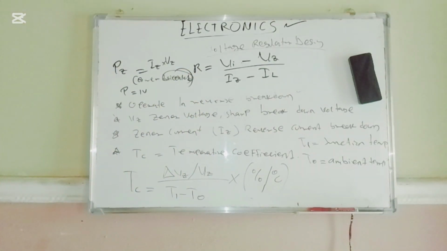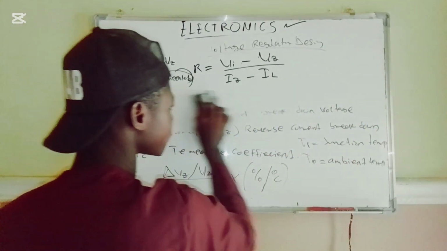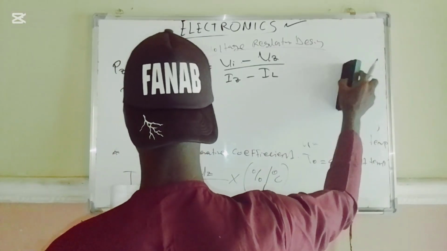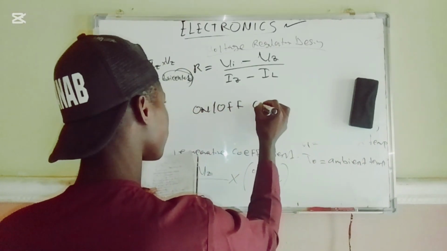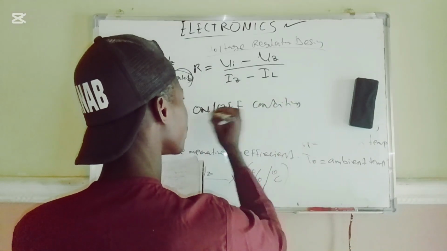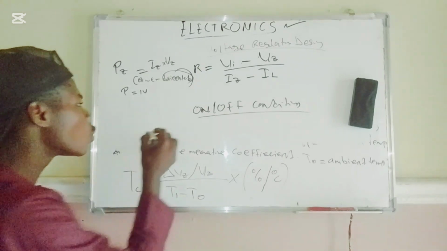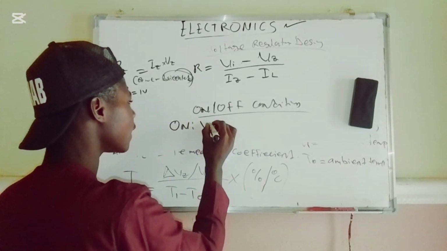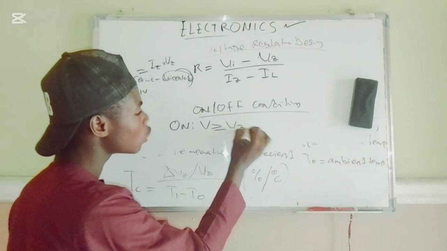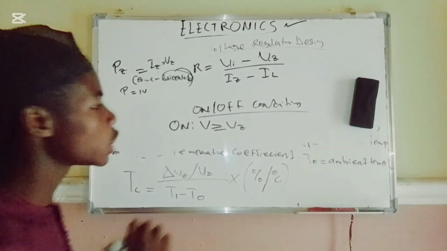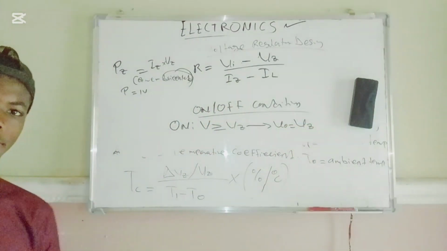Let me check over there. We have some formulas. There is the on or off condition. How can you identify whether a condition is on? When the condition is on, V is greater than or equal to the Zener voltage VZ, which implies that V0 equals VZ.